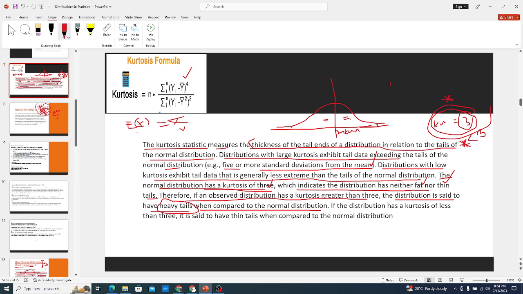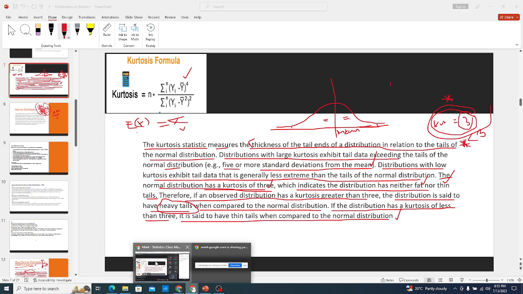But if the distribution has a kurtosis of less than 3, then it is said to have thin tails when compared to a normal distribution.